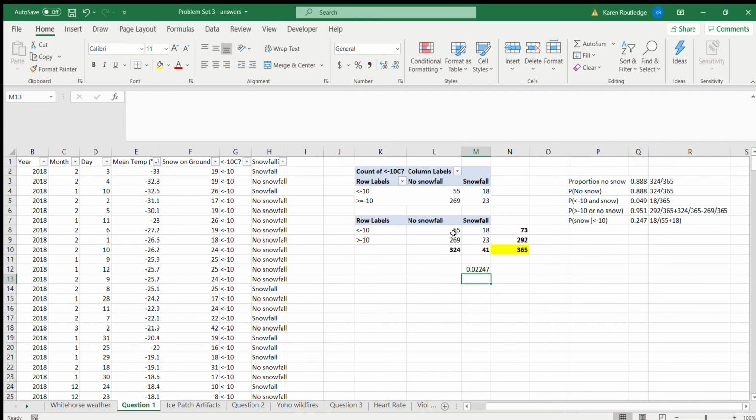But the real answer, using the data in the actual cell in the table, really the easier way of doing it, tells us the probability is actually 5%. So that difference tells us that temperature, this -10 degrees, is not independent from snowfall.